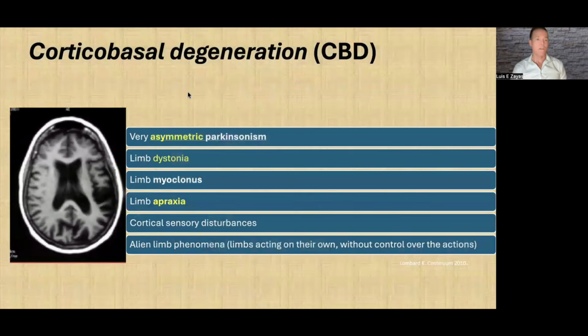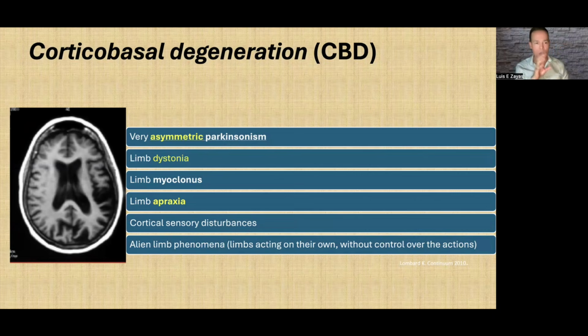Now, corticobasal degeneration. I have not seen any patient with corticobasal degeneration in my clinic. During fellowship, yes, I have one or two. I see patients with corticobasal syndrome, which is not the disease, it is a syndrome.